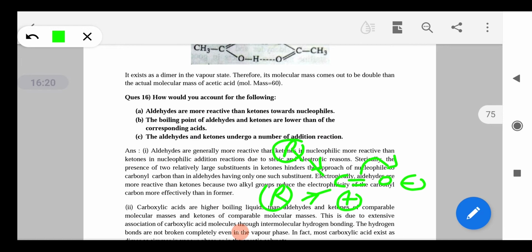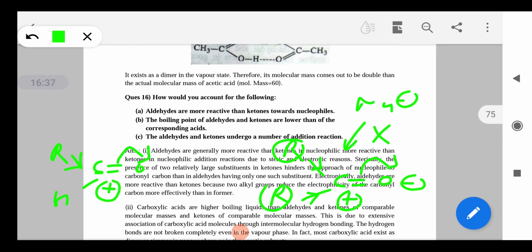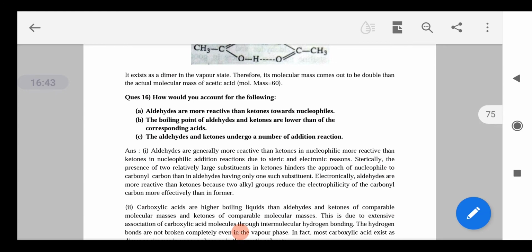And when the plus charge decreases, then attack of nucleophile becomes difficult in case of ketones. But in aldehyde, there is only one plus I group. So the electrophilicity of the carbonyl carbon here is more. So here nucleophilic attack is easy. That is why aldehydes are more reactive than ketone toward nucleophilic addition reaction.